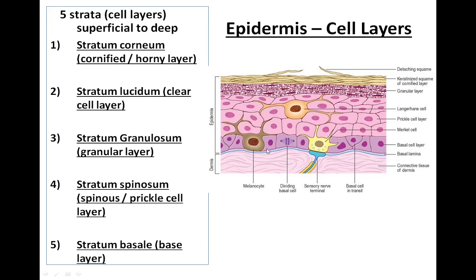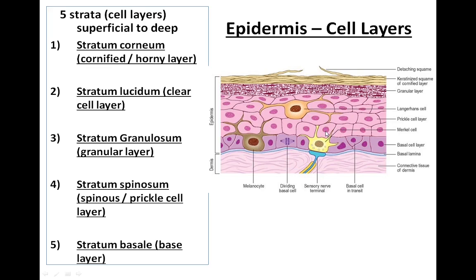Then stratum basale. It is the basal layer which is resting over the basement membrane. This is the basal lamina or basement membrane where the cells are sitting. Over and above those epithelial cells, these are extra cells which are found in your epidermis.